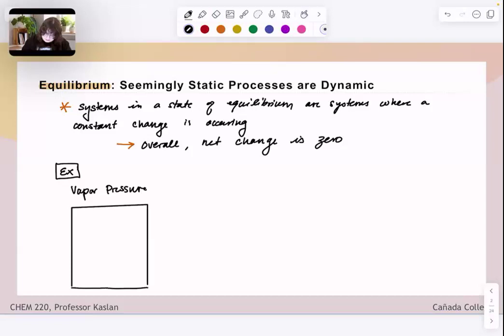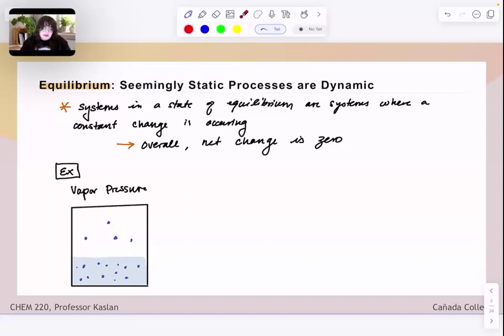So if I've got a system that is a liquid in a closed container, then the molecules of that liquid substance will spontaneously, will naturally escape up into the vapor phase or vaporize. So that doesn't mean they're boiling, but they vaporize. So I would expect to find some of those particles in the vapor phase.